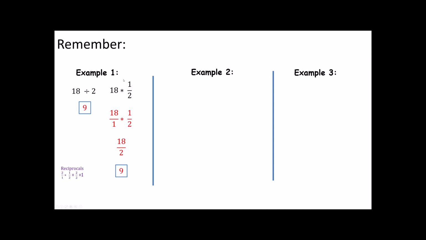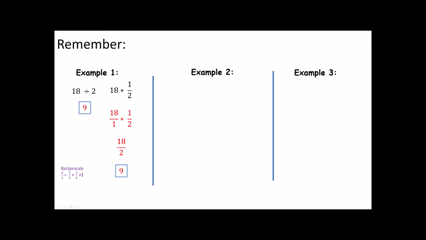Reciprocals. Notice when you have reciprocals like 2 times 1/2 and you multiply those reciprocals together, you get a numerator and a denominator that are the same, which results in a 1. So since 2 times 1/2 results in a 1, they are reciprocals.